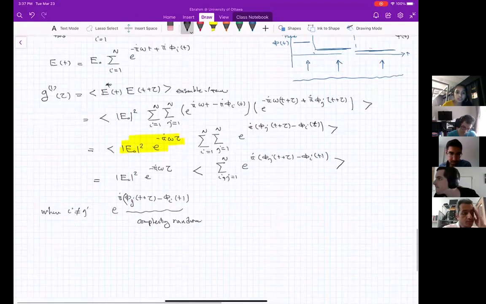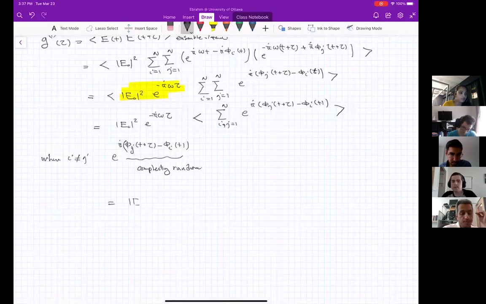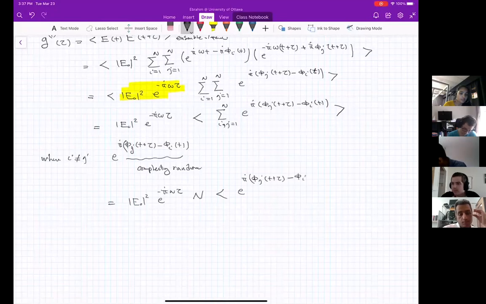So that can be replaced by E0 power of 2, e power of minus i omega 2, n of those average, which is e power of i phi j of t plus 2 minus phi i, sorry, phi i t plus 2 phi i of t. Do you agree?